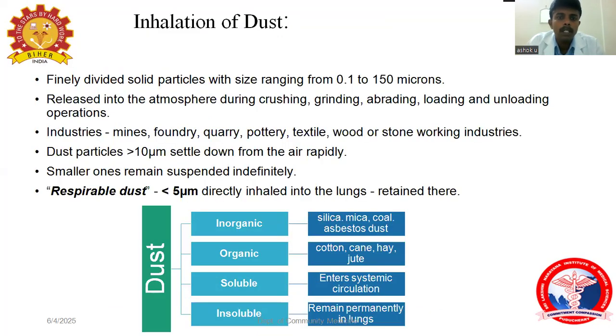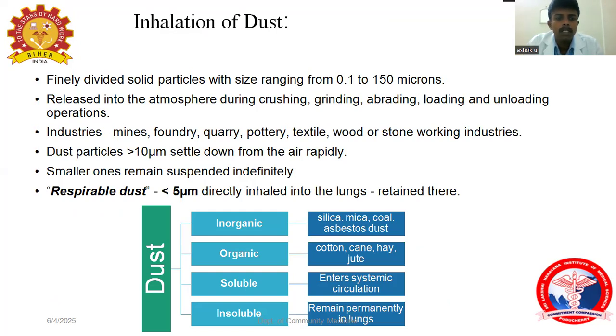So coming to inhalation of dust, as I was mentioning earlier, it is nothing but finely divided solid particles with size ranging from 0.1 to 150 microns, released into the atmosphere during crushing, grinding, abrading, loading, and unloading operations. These dusts are mostly found in mines, foundries, quarries, concrete, textile, wood, and stone working industries.